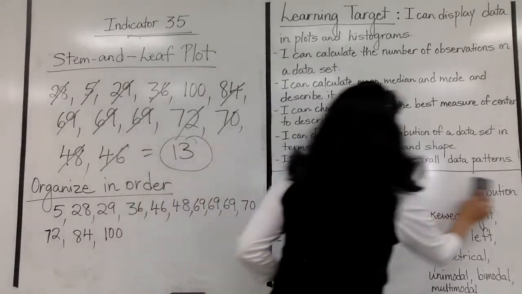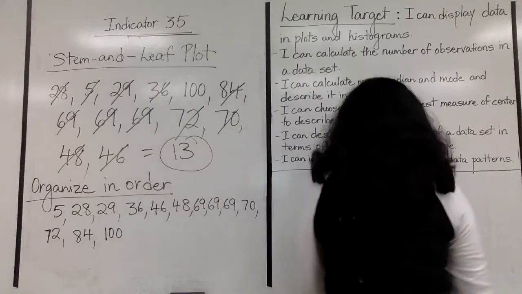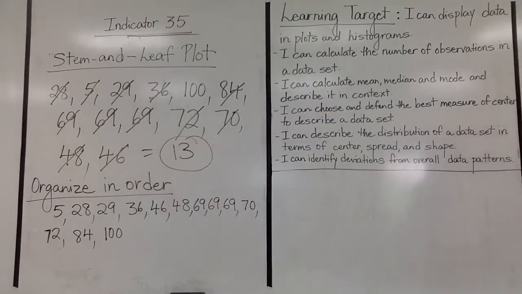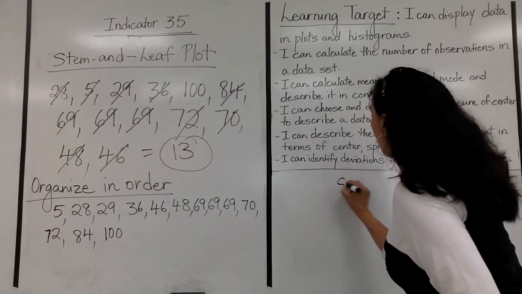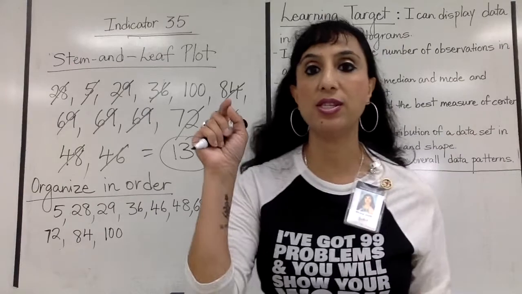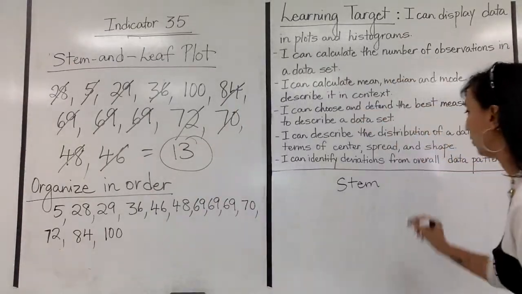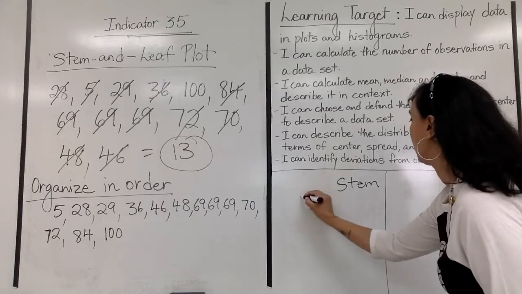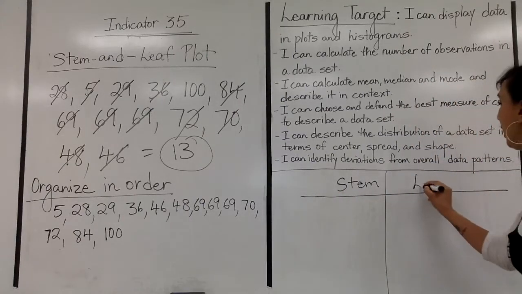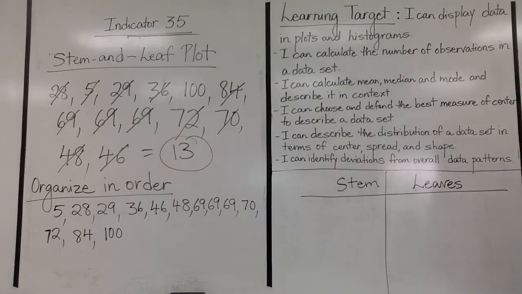So I'm going to erase this because of what we're talking about now. I am going to make a stem and leaf plot. You know how on a tree you have a stem and then there are several leaves. That's exactly what we are doing here. We have the stem and we have the leaves.